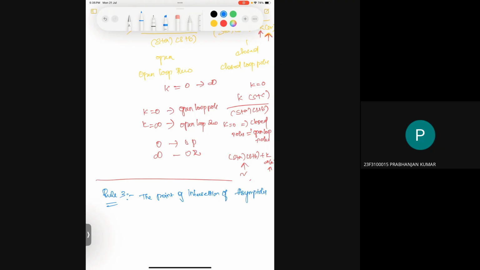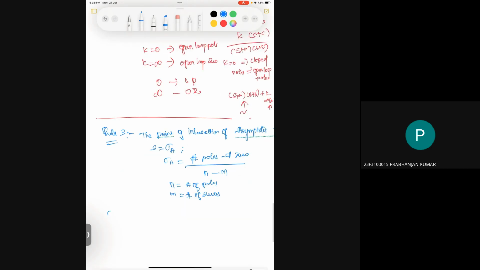I will explain what is asymptote. Just writing the rule here. We will revisit this. This will be sum of poles minus sum of zeros divided by number of poles minus number of zeros. Keep this aside for now.